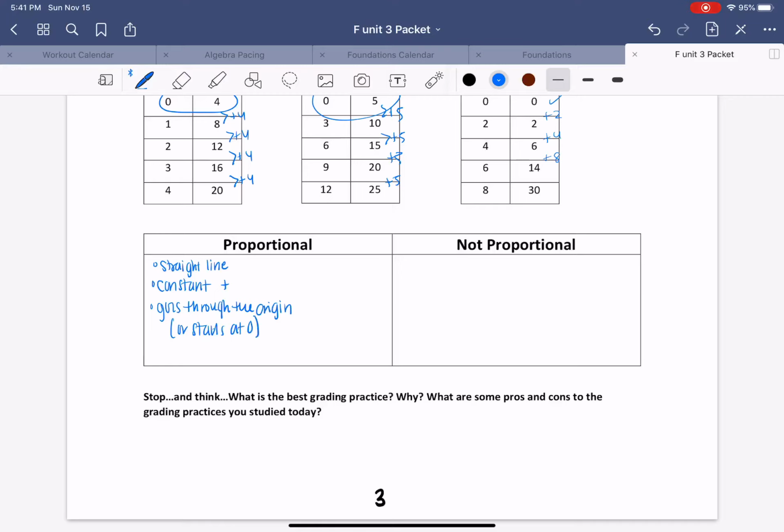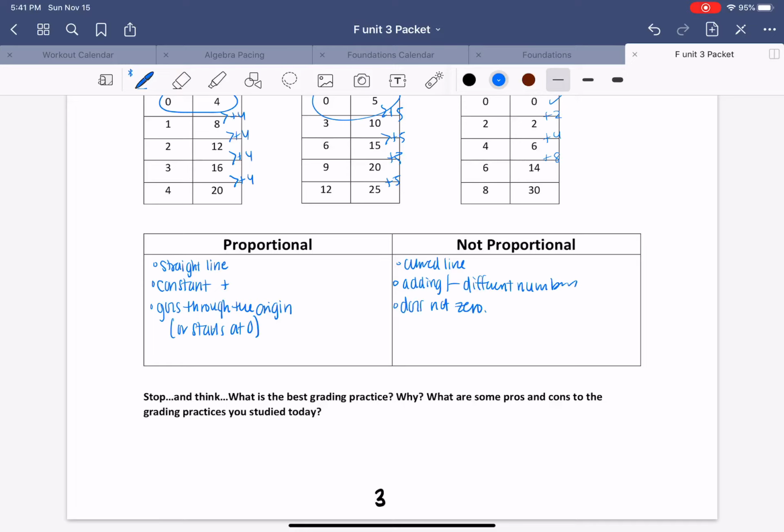It's not proportional if it doesn't do these things. So curved line, adding or subtracting different numbers, and does not start at 0.